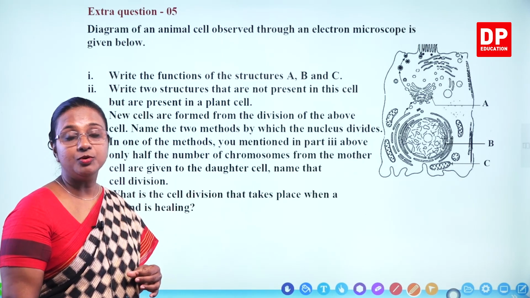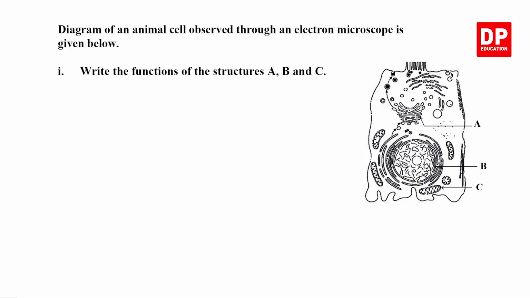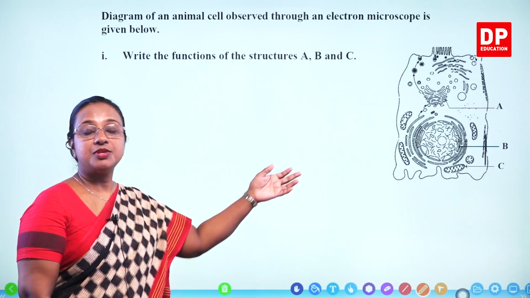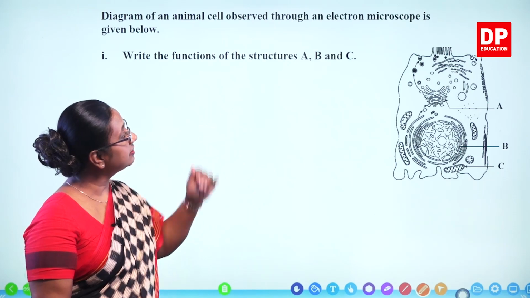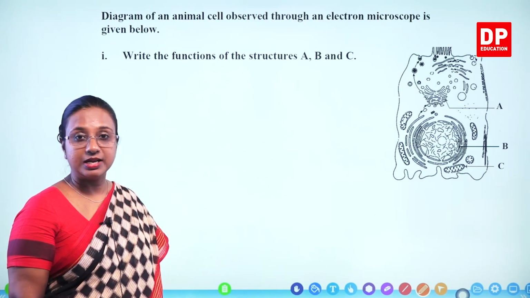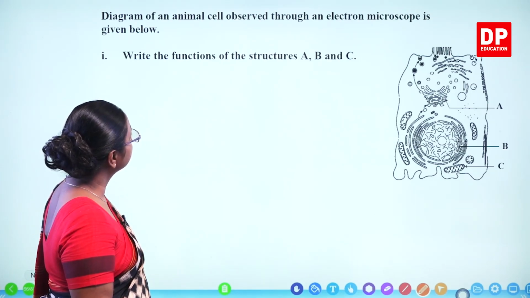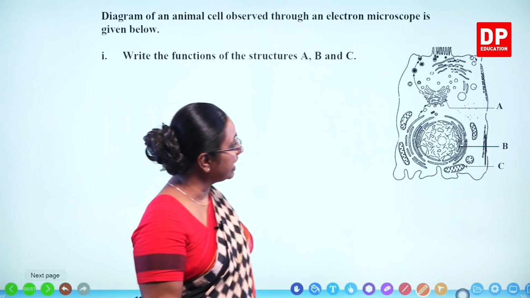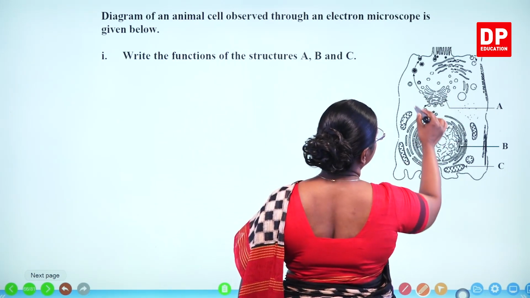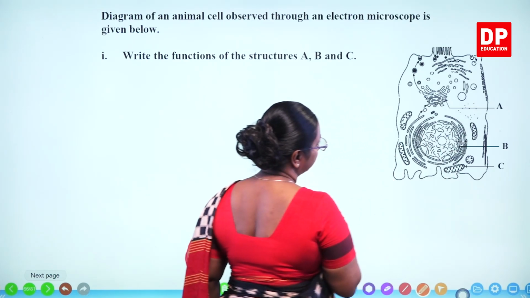Now, let me move on to the discussion. Diagram of an animal cell observed through an electron microscope is given below. So, here you can see it's an animal cell, and also because it's the electron microscope image, you can see most of the organelles. Write the functions of the structures A, B and C. So, in this diagram, you can see what A is, this structure.